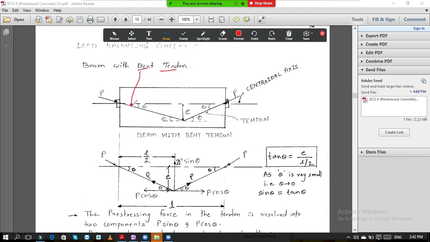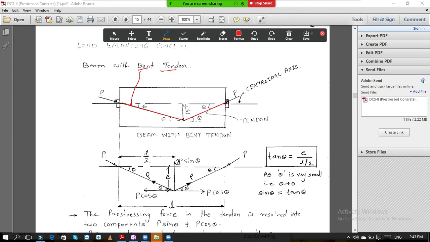If you see the profile of this tendon, it is like this. This type of bar is used. This type of tendon is called a bent tendon.